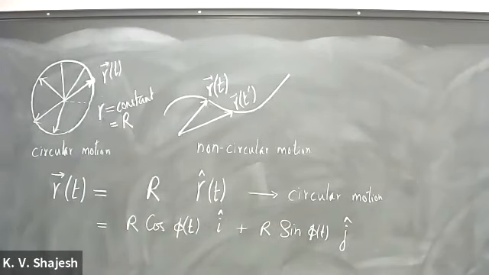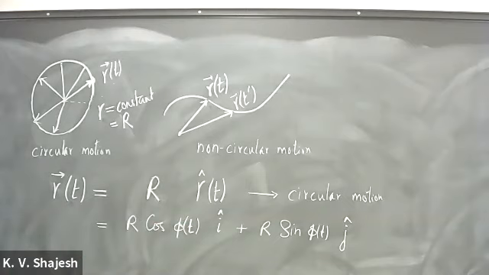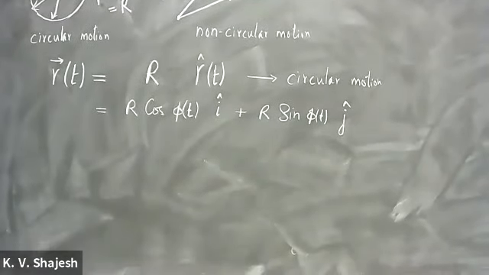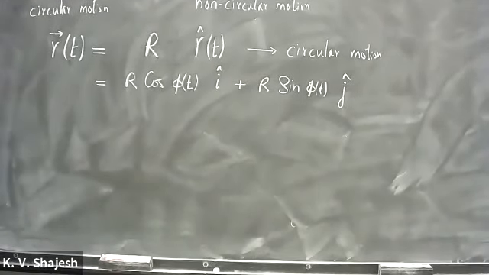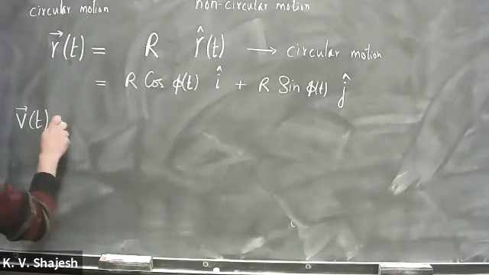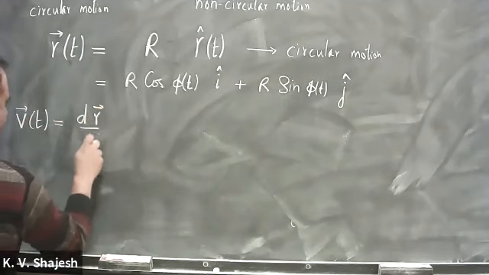What about velocity? Right? Velocity, there will be two ways of going now, right? Either we can start from here or there. Now we go to velocity, we have to take the derivative of this. In circular motion, what is the velocity of the point that is moving around? So velocity is the derivative of the position with respect to time.